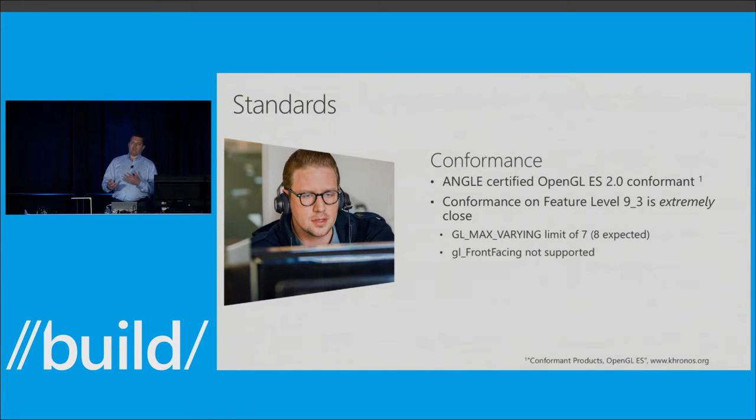Because of the way that we translate and manage resources on a 9.3 device, we have to use one of those slots, so our max is 7. The other item that is not supported is GL front-facing. Hardware level 9.3 just doesn't support it. So if you need that, you can drop down to software rendering, and I'll show you how to do that in a little bit.